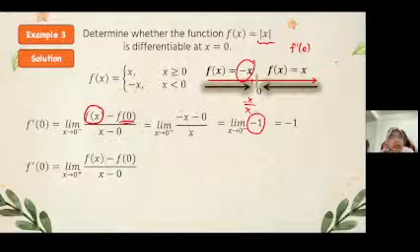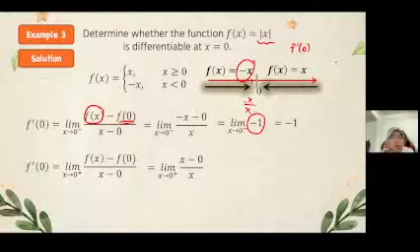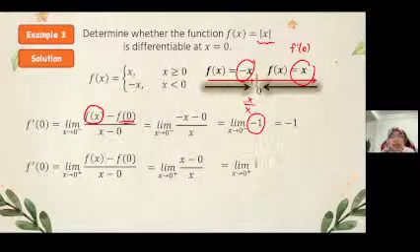Okay, so this will become the limit for x approaches 0 from the right hand side. Okay, the function on the right hand side of 0, we are going to use x. So x minus 0 over x. So you can actually simplify the x with x. So we are going to get 1. So this is the limit for x approaching 0 from the right hand side of 1.